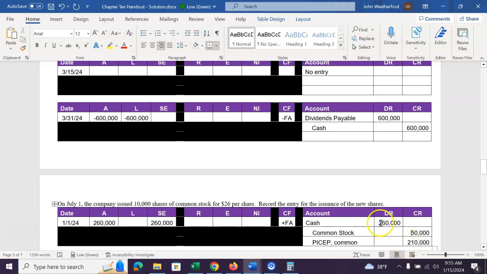The difference in our debit to cash and credit to common stock, or the amount of cash received above par value, is credited to paid in capital in excess of par common stock. So what happened there? That's cash coming in from a financing activity. The asset cash increased and stockholders' equity increased.